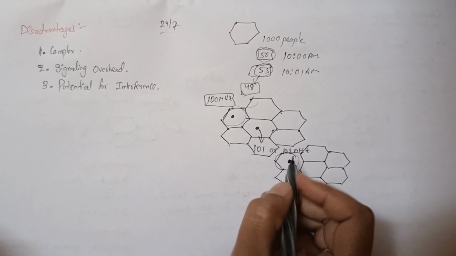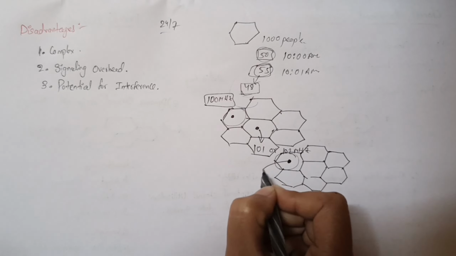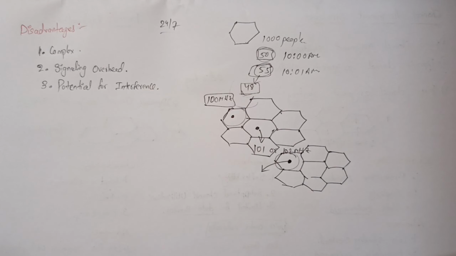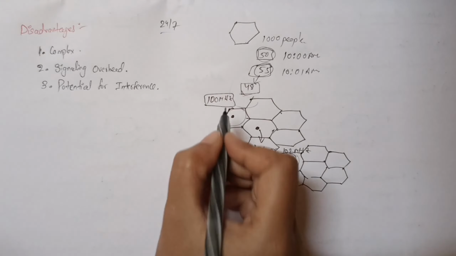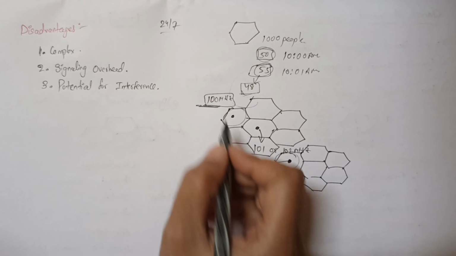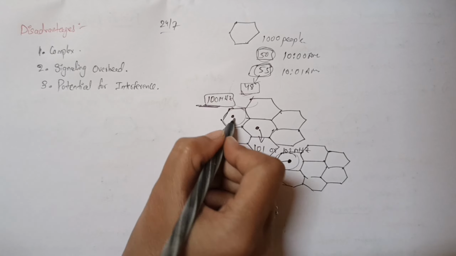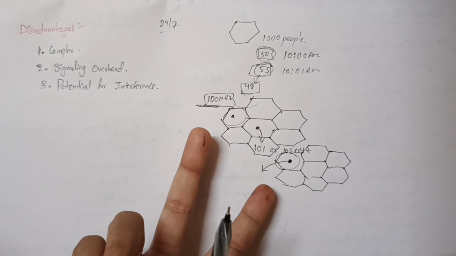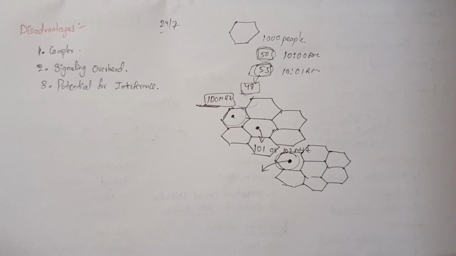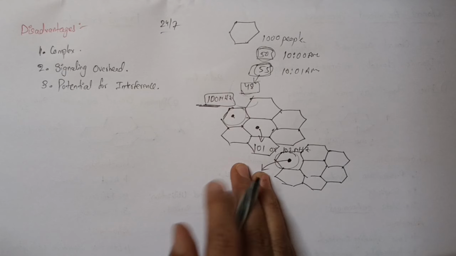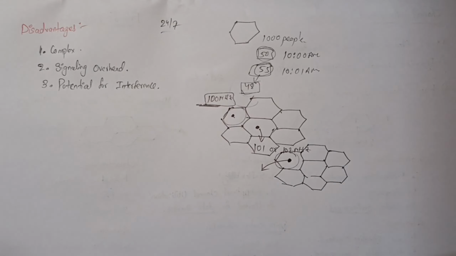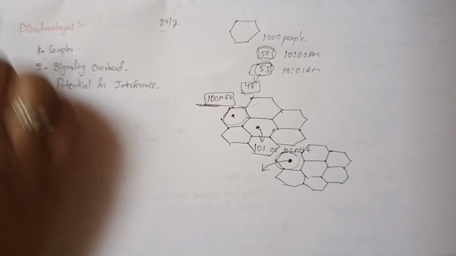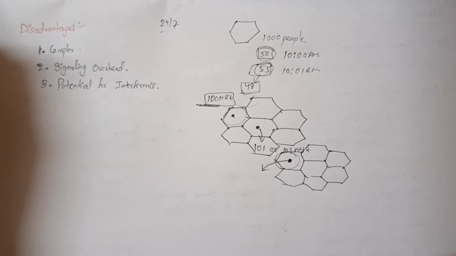So the channel allocated to this person in this co-channel cell should also not be 100 megahertz, because this and this channel may get exchanged and the information will also get exchanged, right? And we don't want this. That's why there should be consideration of this channel interference also. So this is all about the disadvantages.